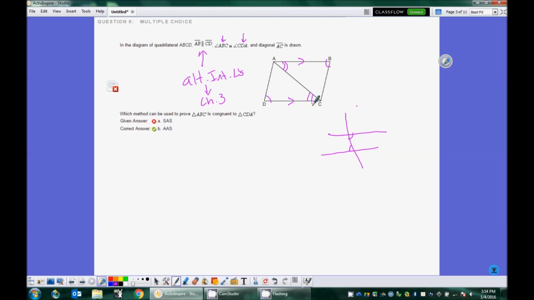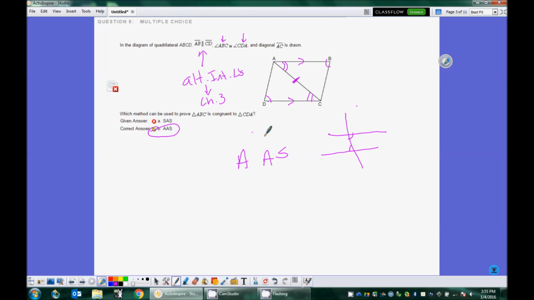So now I've got two pairs of angles so far, and I have the shared side AC. So I've got two angles and a side. Now, when I'm looking at this, my side is not in between my two angles. It's not marked. It's marked parallel, but it's not marked congruent. So that means my side is not in between the two angles.